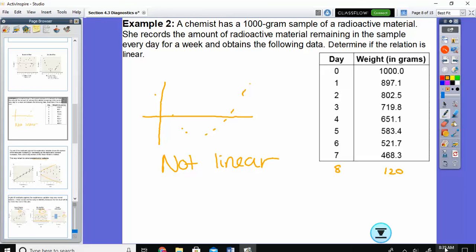Okay, was this one a good linear model to begin with? No. So we have to keep that in mind as well. Our residual plot was already bad because we had that pattern.